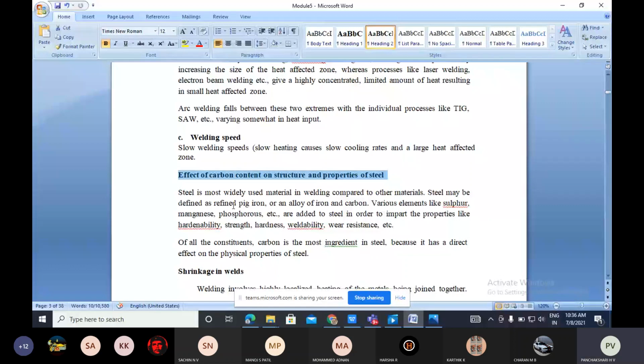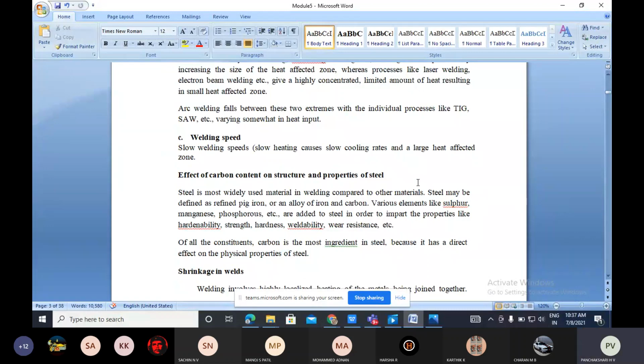Carbon is the main ingredient or alloying element which controls the steel property. Therefore, steels are classified as plain carbon steel and alloy steels. Plain carbon steel means the steel which contains only carbon and iron. That is called plain carbon. And small traces of other elements will be there. They are negligible amounts. Main ingredients are iron and carbon.